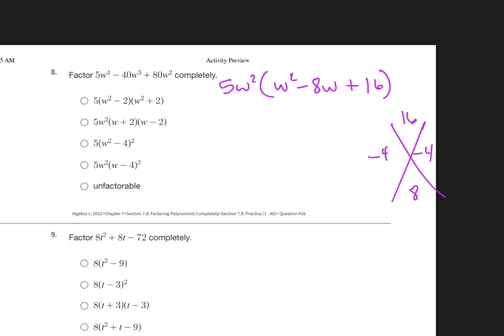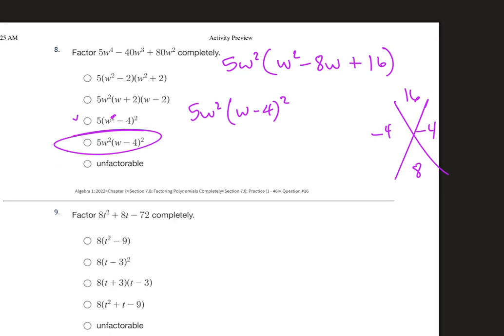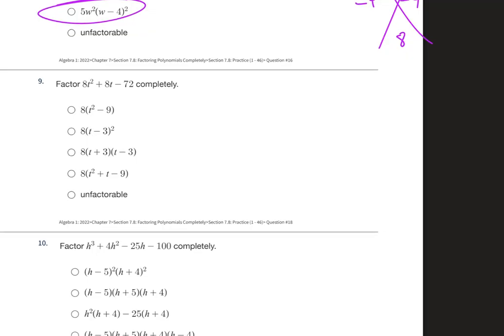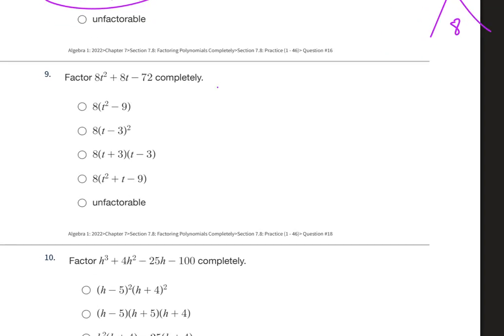Both negative 4s. So we're going to have 5w squared times w minus 4 squared. Let's see, that's this one. I was about to check this one, but it's that w squared, right? Great.